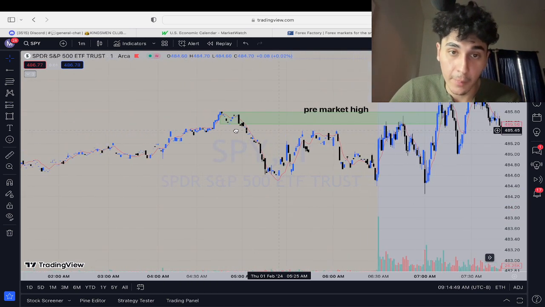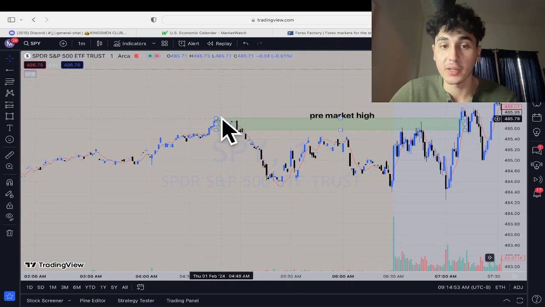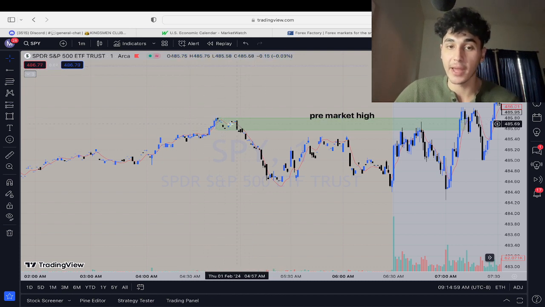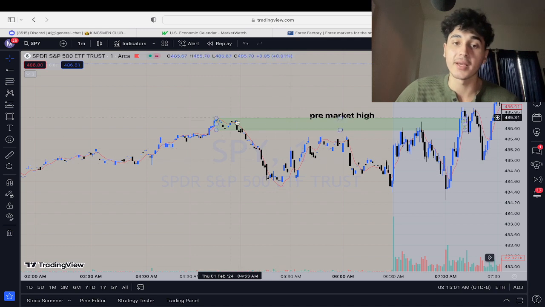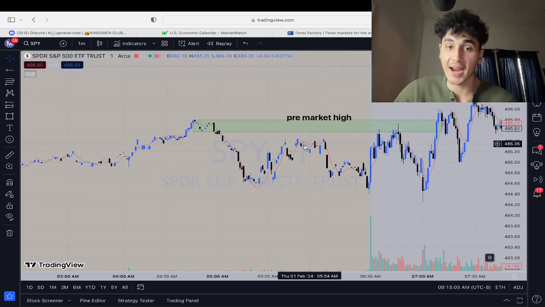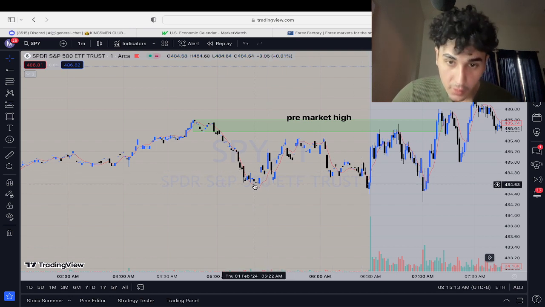So, if that didn't make sense, basically we have the highest point within pre-market. Buyers couldn't push price to go any higher, meaning that the sellers took advantage of that price area and pushed price down. Also meaning if price ever comes and retraces back to that selling area, that same move is likely to happen again, right? Because those sellers want to take advantage of that price point.